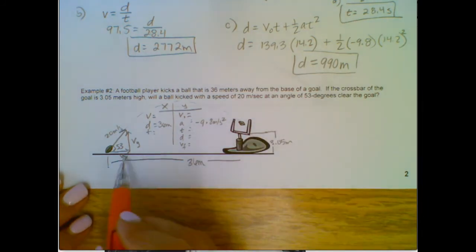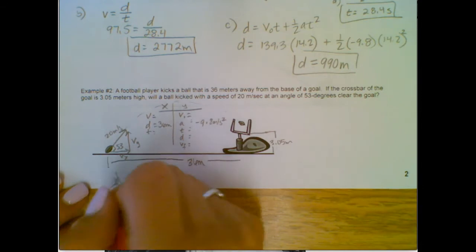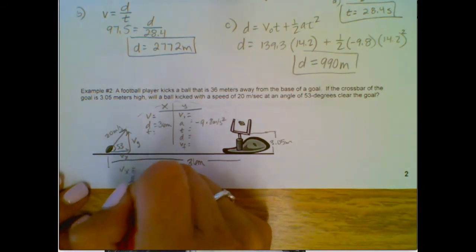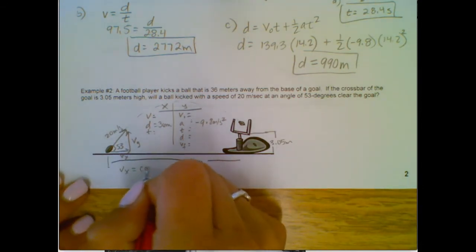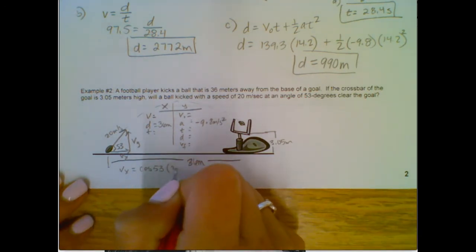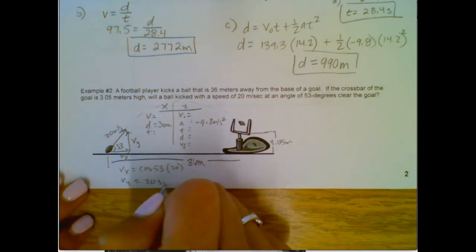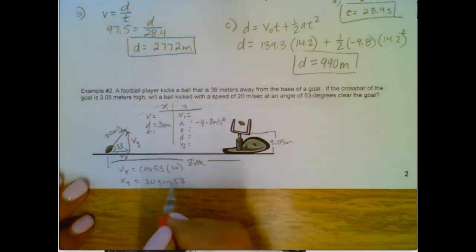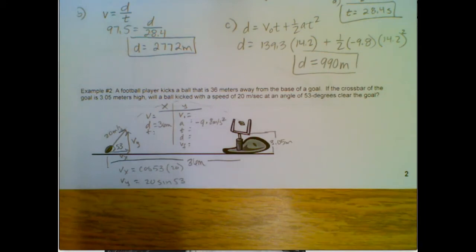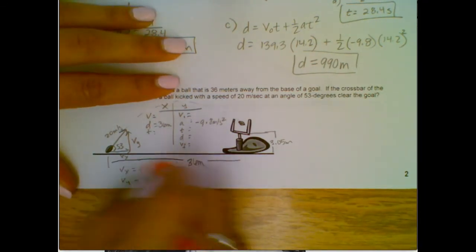Okay. We can use our cosine and sine to find our Vx and our Vy. So Vx is going to be cosine 53 times 20. And Vy is going to be 20 sine 53. This is actually a better way to write it because that way you don't accidentally put the 20 in the cosine.